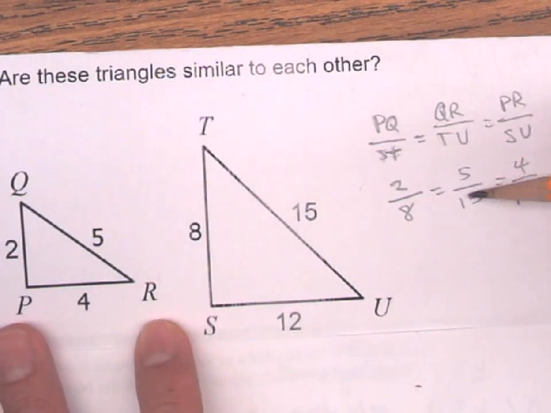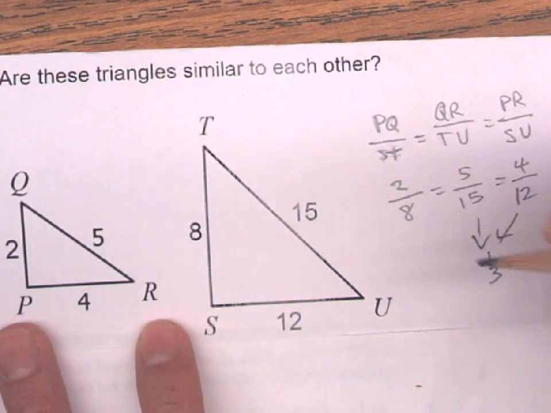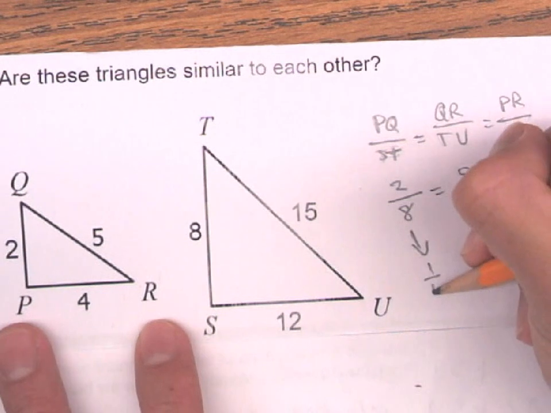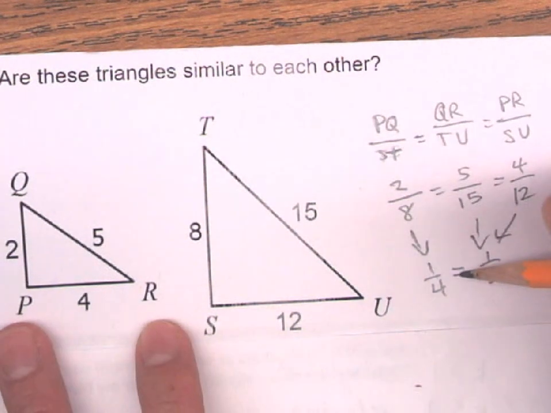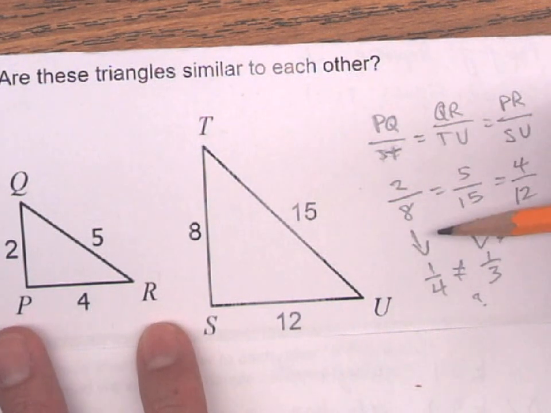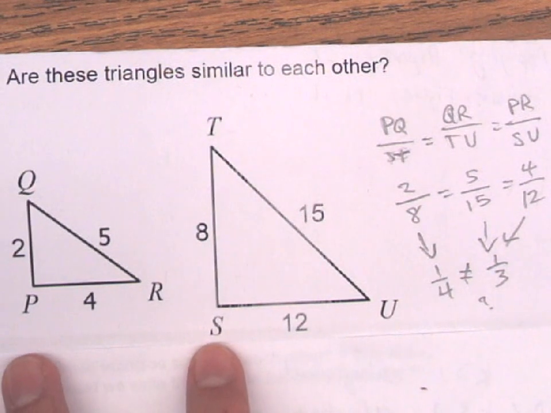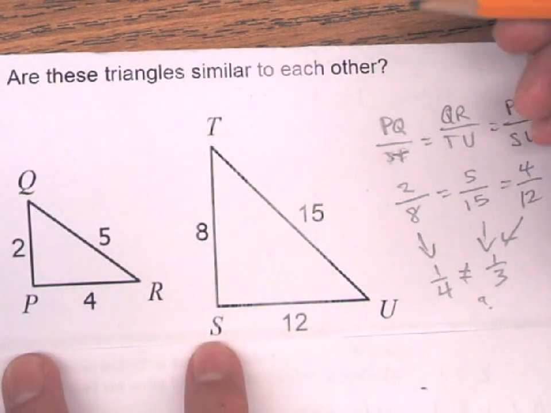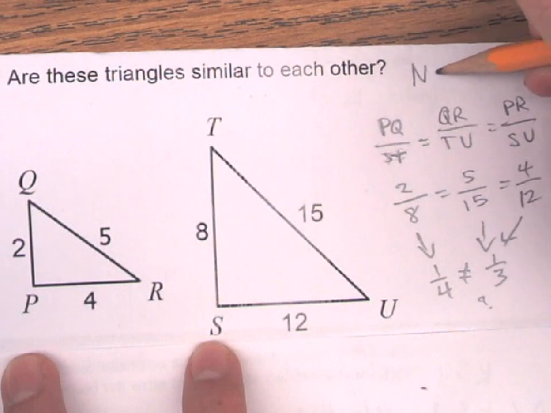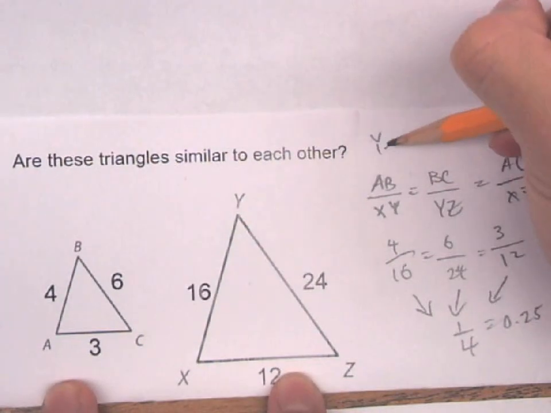If we reduce this fraction and this fraction here, this reduces down to 1/3. However, if I reduce this fraction down, this is 1/4. Is 1/4 the same as 1/3? No. So PQ and ST fall out of proportion compared to the other sides. Therefore, these triangles are not similar to each other. So this one is no, and this one here is yes.